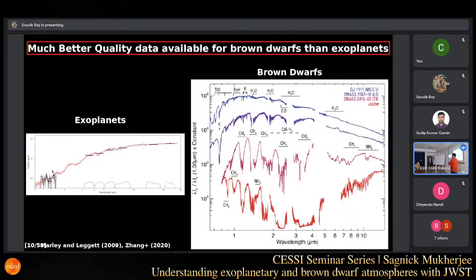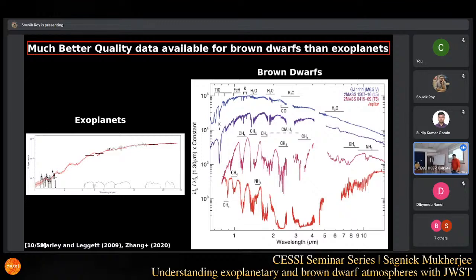The reason behind this discrepancy in data quality is that exoplanets are around a very bright star. To get data from your exoplanet, you need to suppress that much brighter star, and that's the difficult technique of coronagraphy, which is not now good enough to get this kind of data from gas giant exoplanets. So brown dwarfs are similar to exoplanets, but give us much better data than exoplanets.